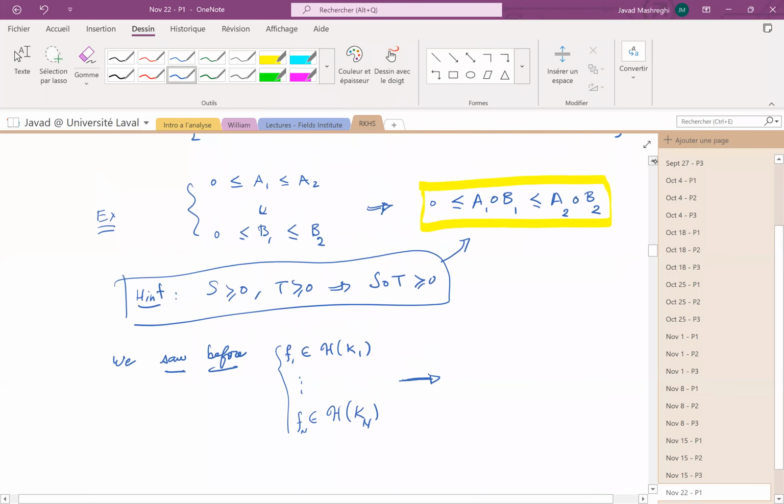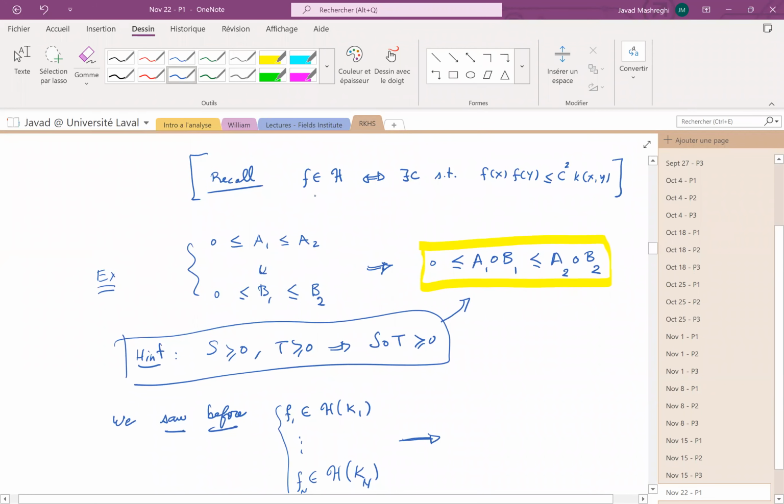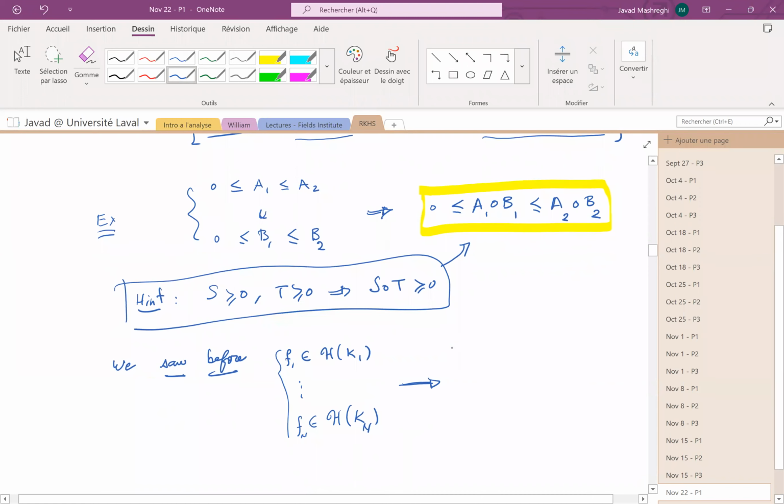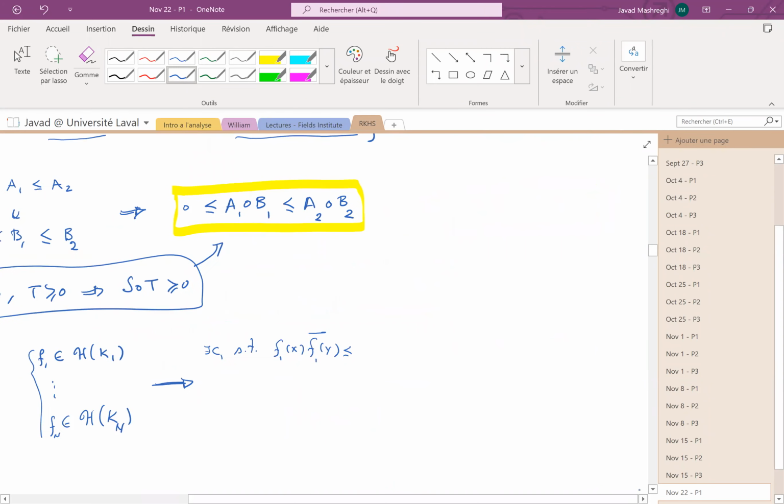The theorem I mentioned here as a recall: if a function is in the space, there is a constant such that this works. So there is a constant C1 such that F1(x) times F1(y) conjugate is less than or equal to C1 K(x, y).